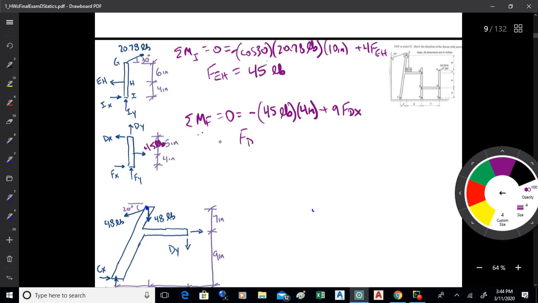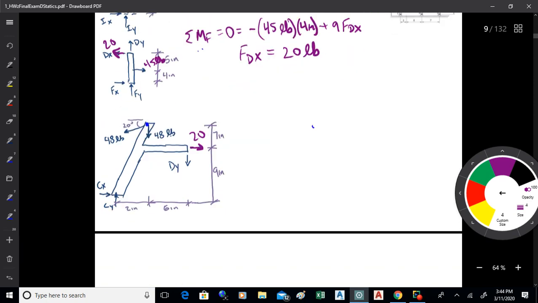So I can solve for Dx, and that's 180 divided by 9, so that's 20 pounds. Now notice that I turned EH around. It was acting to the left on GHI, and now it's acting to the right on DF, and I'm solving for Dx. So you do have to remember to turn this stuff around, okay?